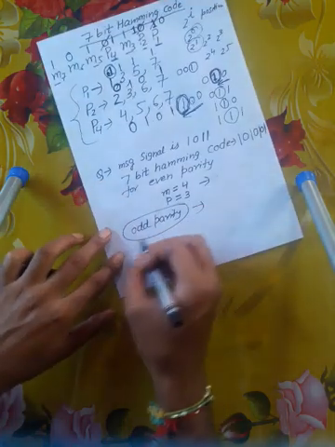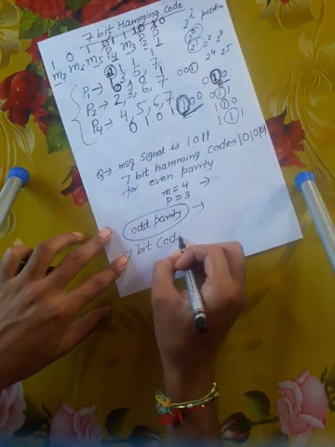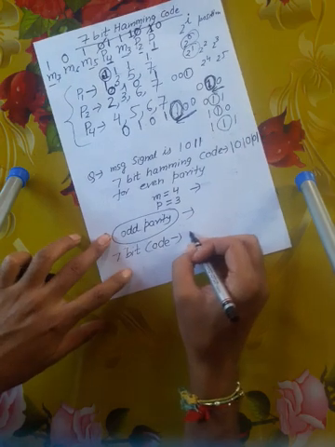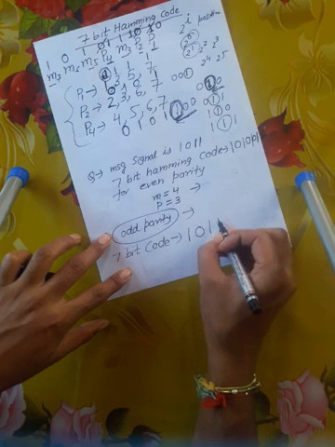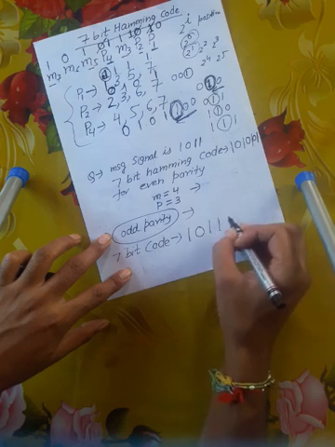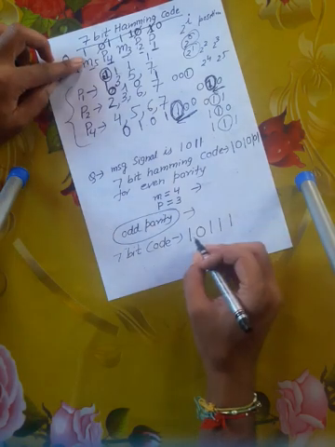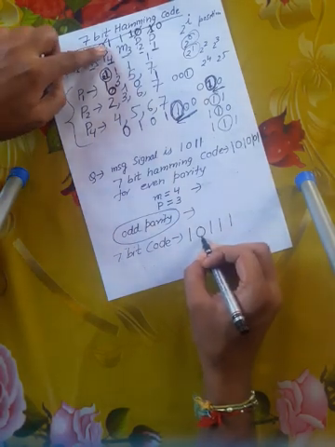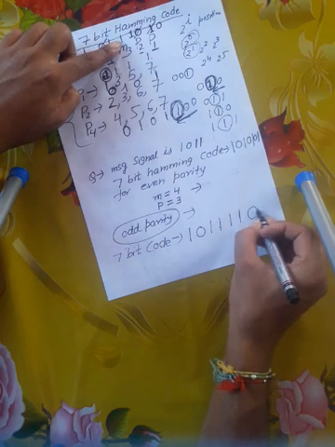So what will be the 7-bit code for odd parity? This will be 1, 0, 1, 1, 1, 1, 0, 1, 0, 1, 1, this 1 and this 0.